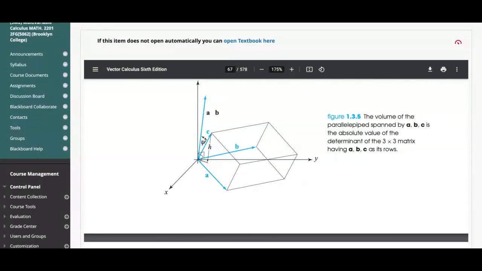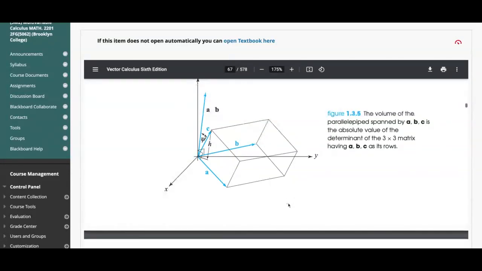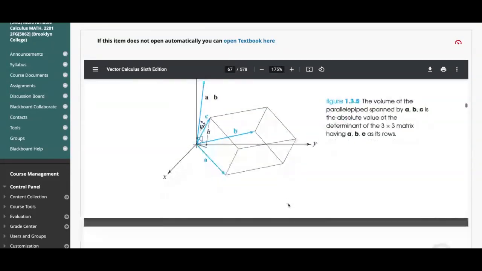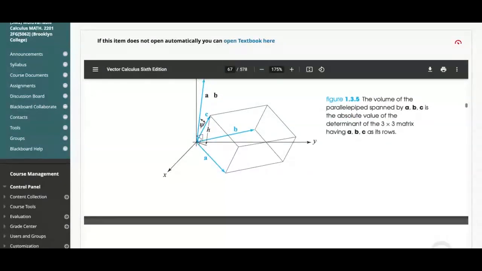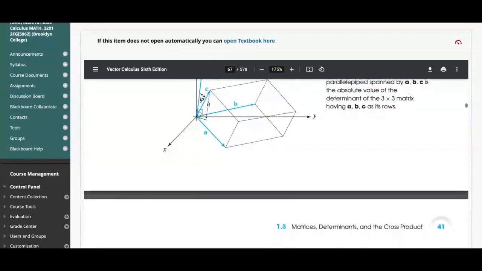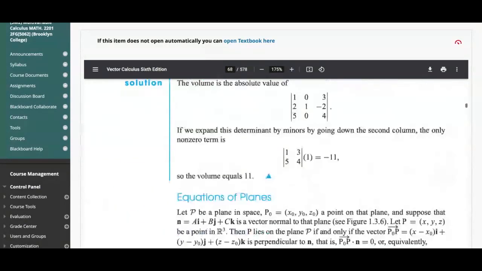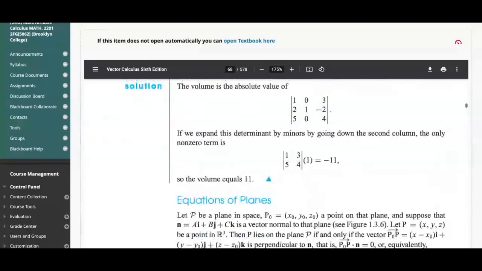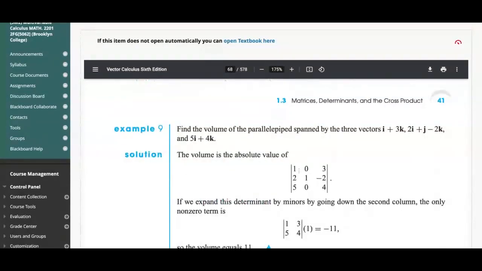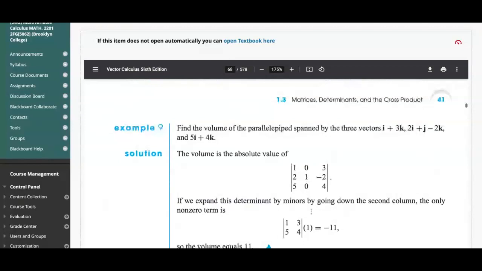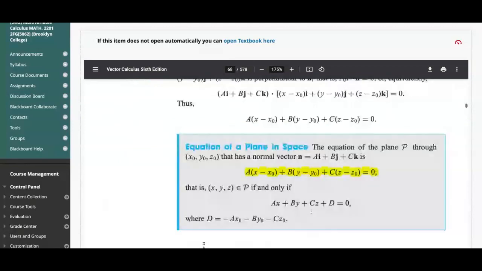So the absolute value of the determinant is the volume of this 3D object. Again, if A, B, C are collinear or coplanar, meaning they fall on the same plane, the volume will be 0. There's no 3D volume to talk about, so the determinant will be 0. This example shows the volume of these 3 is 11. You can read it.